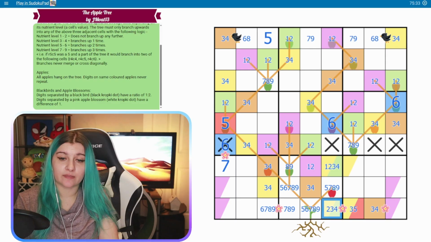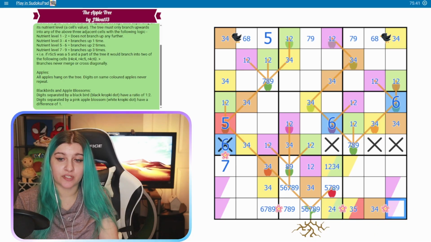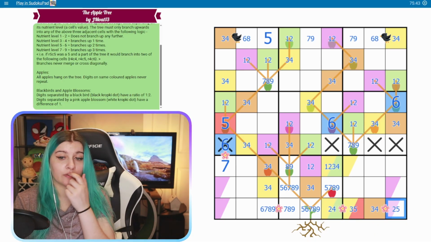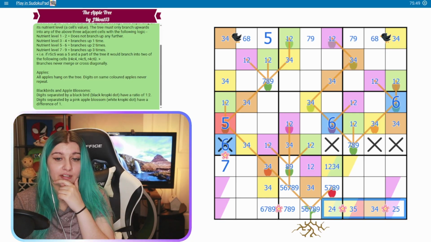I also don't want this to be a 3. I think that still makes sense to leave this as a 2, 4 like I had it before. This is either 2, 3 or 4, 5. This is either 3, 2 or 4, 5. Those are the only options. So I have a 2, 3, 4, 5 here.